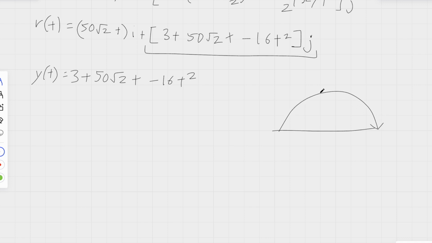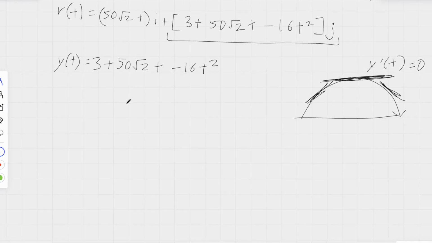So now if we think about a projectile moving, the projectile is going like this. When it's at the very top, one unique thing is that the derivative will equal 0. This will be y prime of t. Like here, y prime of t will be positive. Here, y prime of t will be negative. But when the baseball is at its maximum height, y prime of t will equal 0.